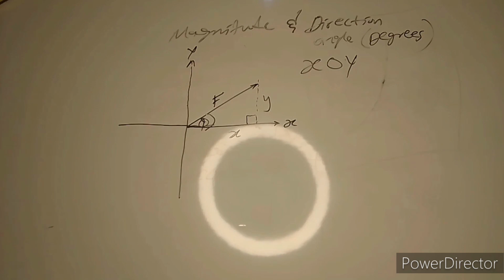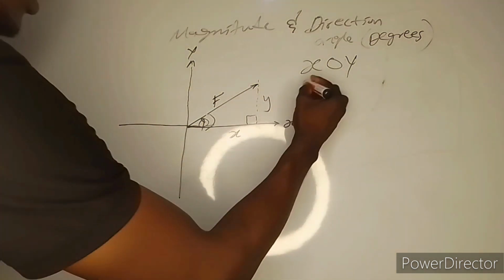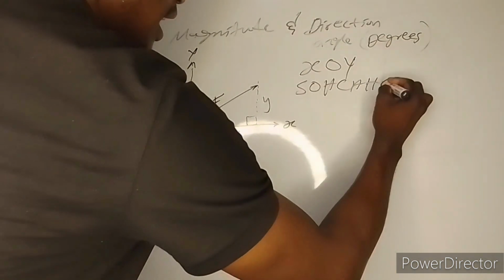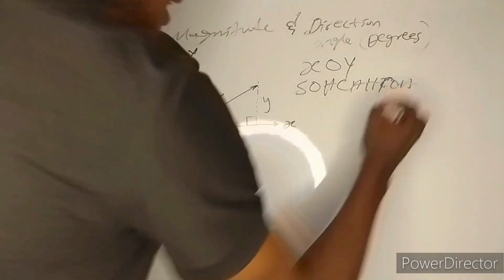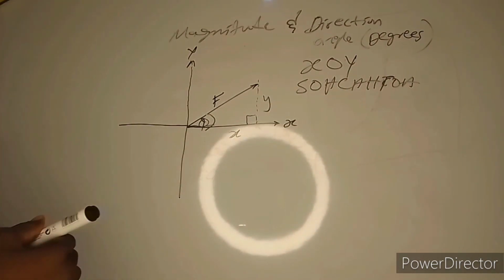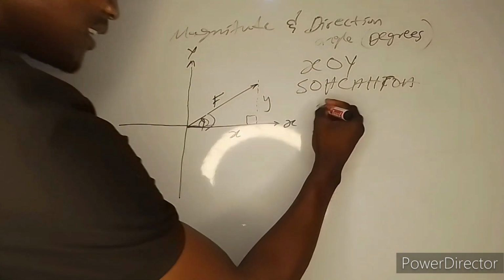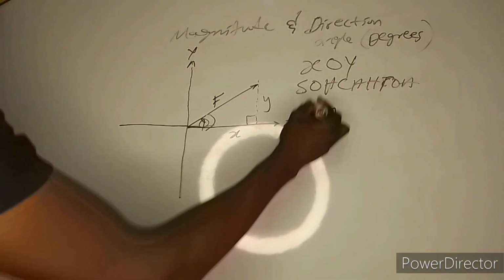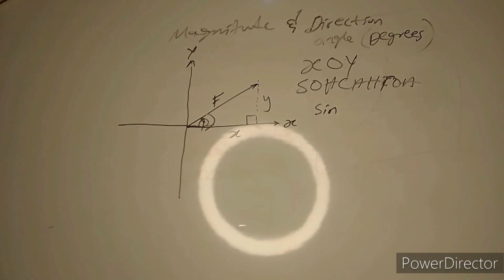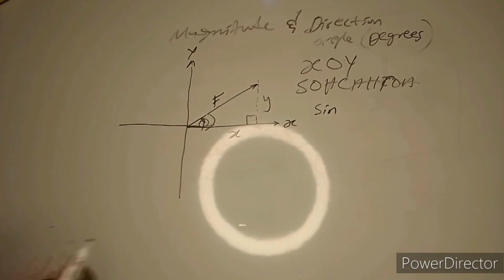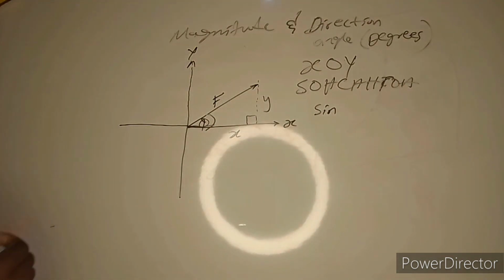Now, after forming a 90-degree angle here, it is important that we recognize the presence of what is called SOHCAHTOA. Under SOHCAHTOA, S is sine, O is opposite, H is hypotenuse, C is cos, and T is tan.